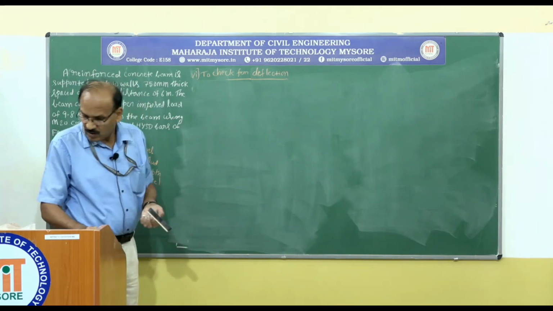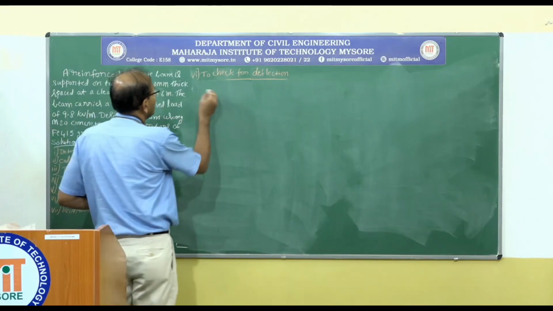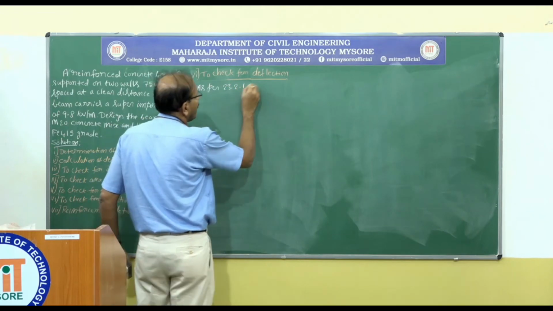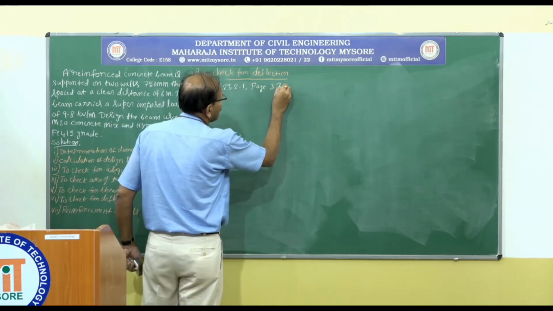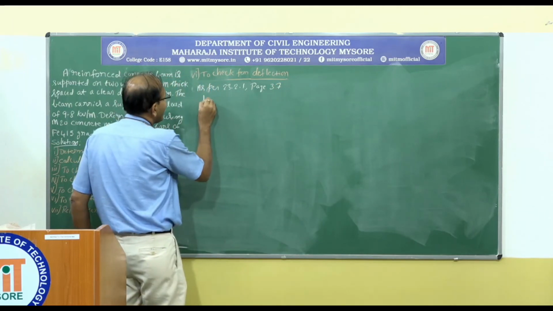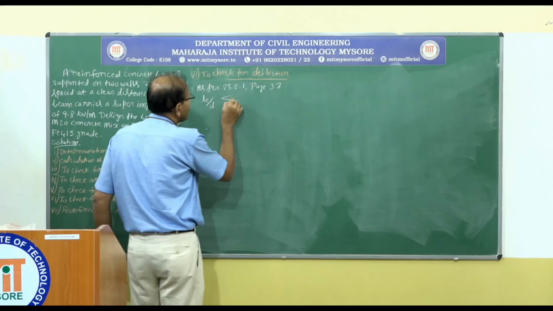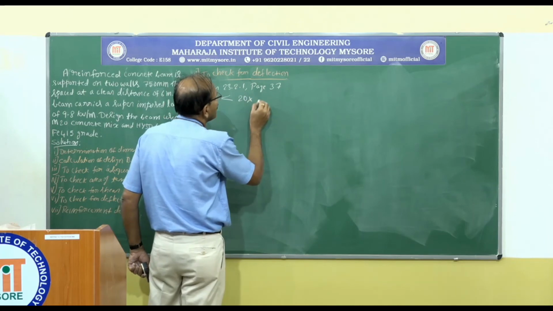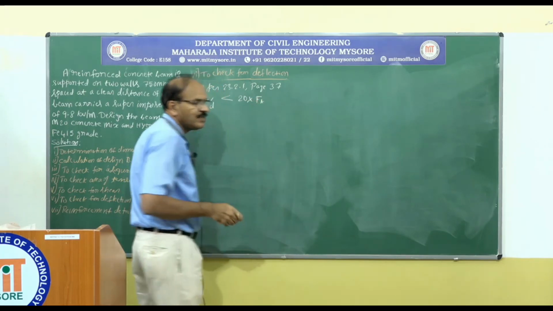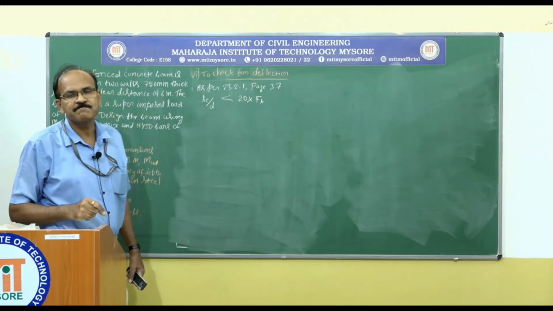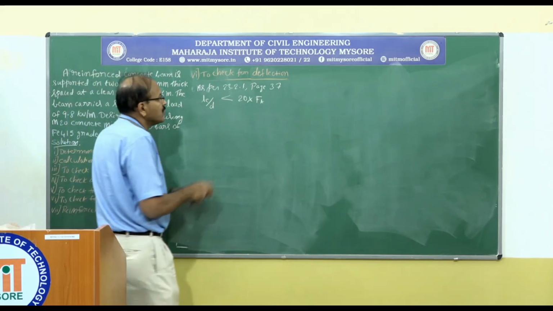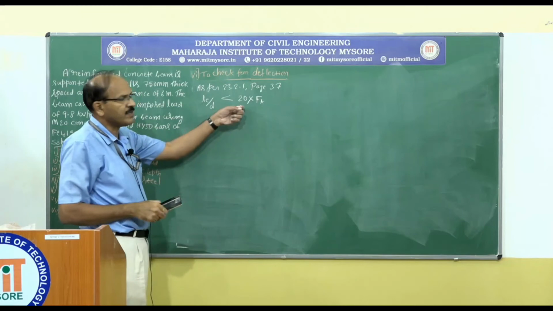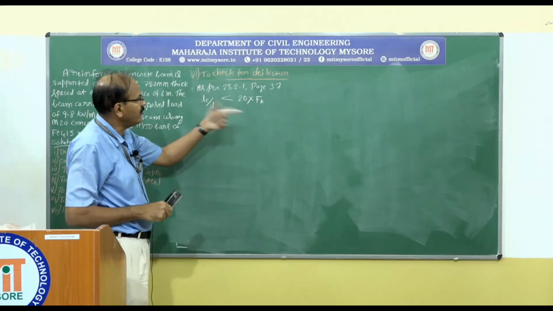So as per 23.2.1, page 37, Le by D should be less than 20 multiplied by the modification factor due to tension steel, so 20 multiplied by Kt. Where 20 is for a simply supported beam, yes, we got this value from there.